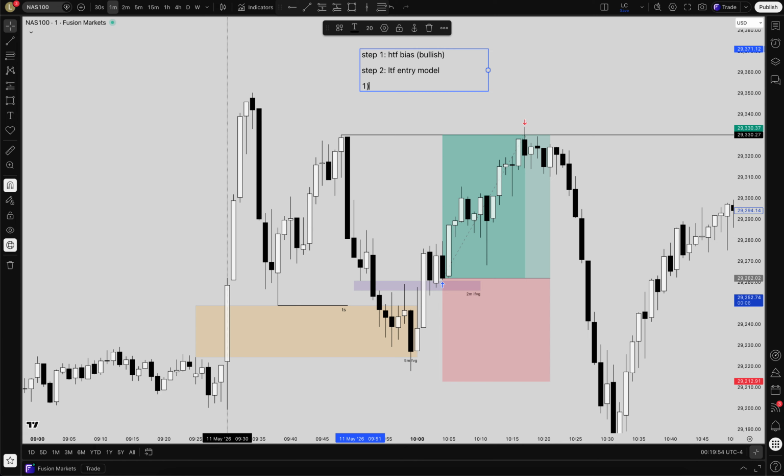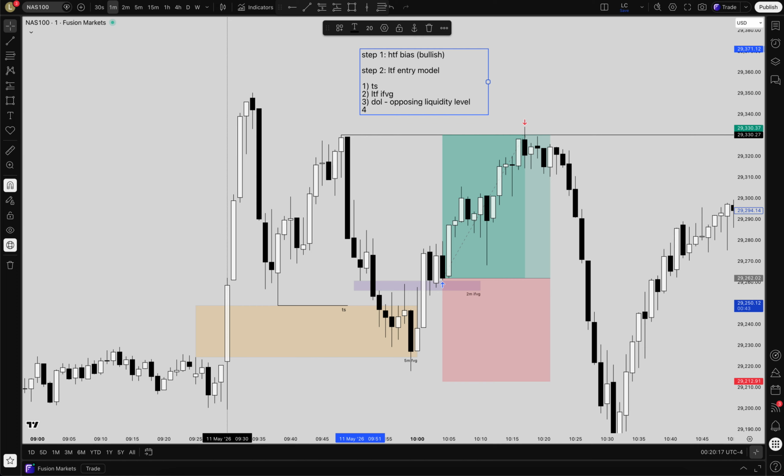The first thing I look for is I need to have turtle soup. Secondly, I need some sort of lower time frame inverse fair value gap being displaced through, which it did. Third of all, I need the drawn liquidity to have a liquidity level sitting on the opposing side. So it will be an opposing liquidity level.